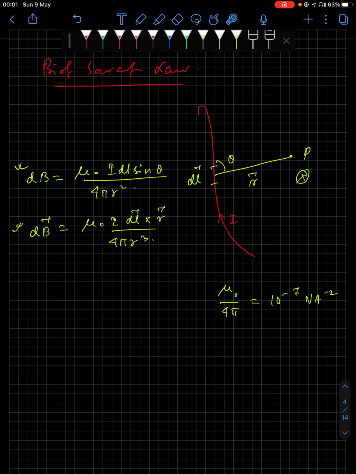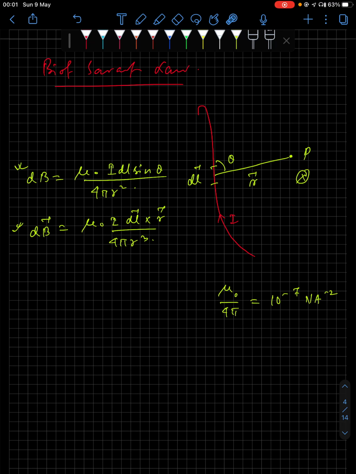So in that case your relation comes out to be mu naught I by 4 pi A, 2 sine phi. Previously we had sine phi 1 plus sine phi 2, so we will get sine phi plus sine phi, which is 2 sine phi.